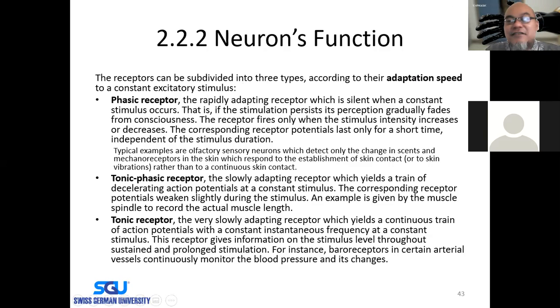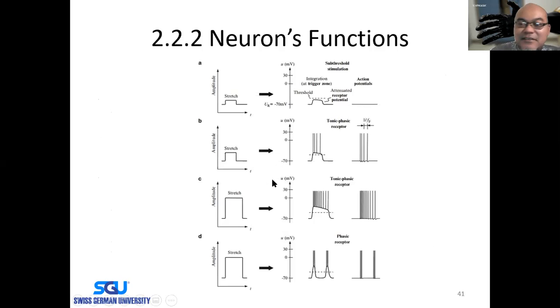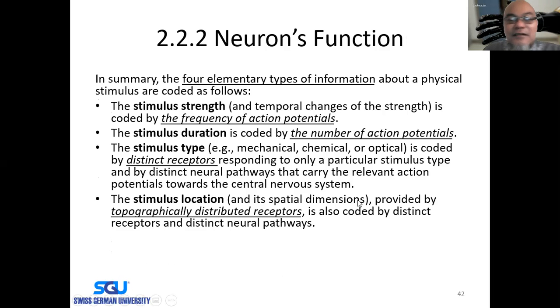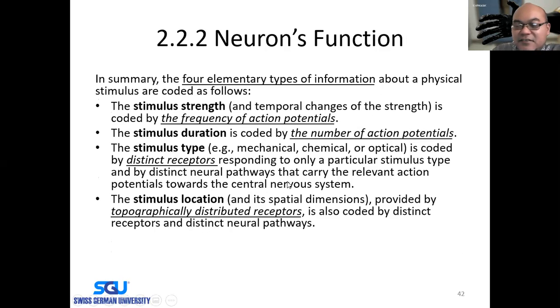Then the tonic-phasic receptor, the second part, the slowly adapting receptor. This is a slowly adapting receptor, which yields a train of decelerating action potentials at a constant stimulus.